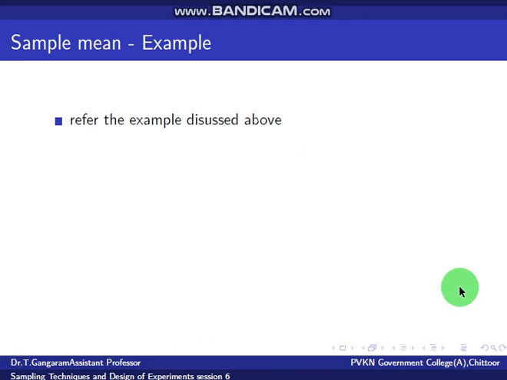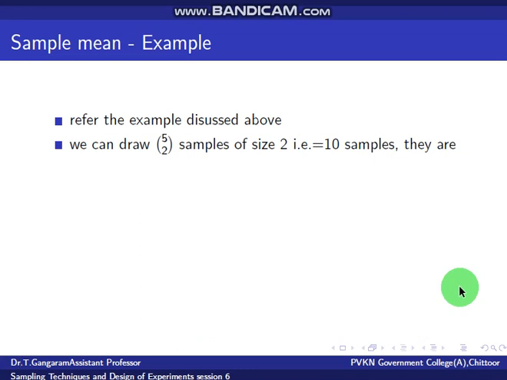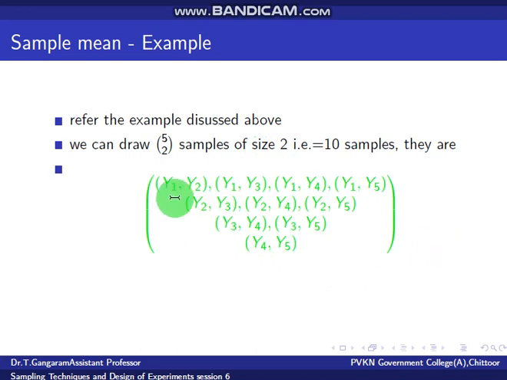Let us look at the example discussed for the population mean. We can draw 5C2 samples of size 2, that is, 10 samples. The 10 samples are, look here, in green color. I am giving sample units green color. These are the possible samples: y1 y2, y1 y3, y1 y4, like that. These are the 10 possible samples drawn from 5 population units without replacement.